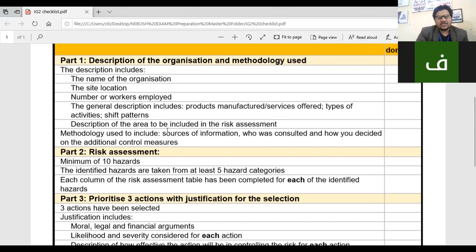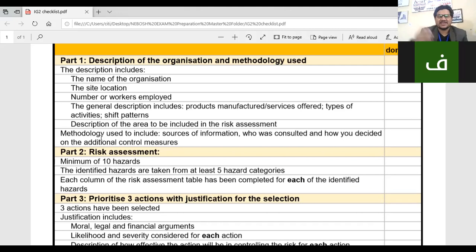Now, the description of the area to be included in the risk assessment. What are the areas you are going to put in the risk assessment, or going to conduct the risk assessment on? Methodology used to include sources of information, who was consulted, and how you decided on the additional control measures. So your general methodology, a kind of method statement, how you completed that assessment.